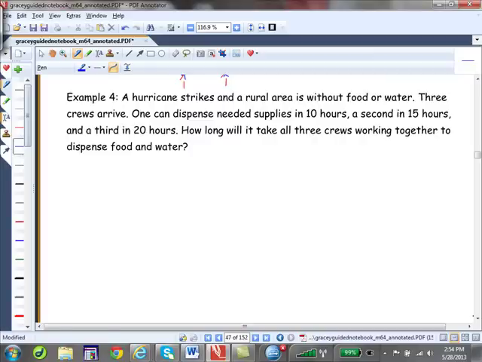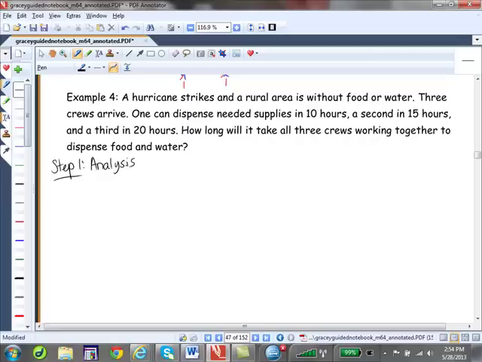So let's see what we need to name our variable. This one deals with a hurricane striking rural areas without food or water. So 3 of the crews arrive, and one can dispense the supplies in 10 hours, a second in 15, and a third in 20. If they were all working together, how long would it take them?